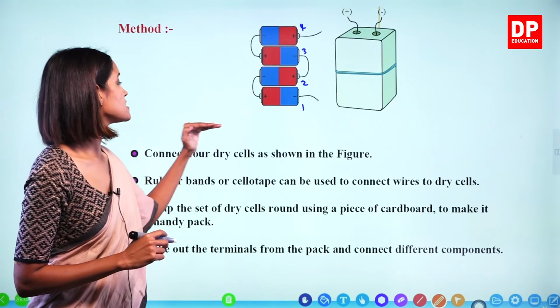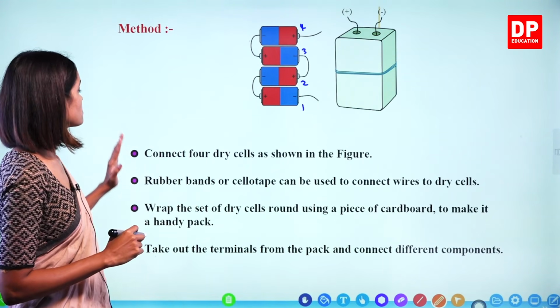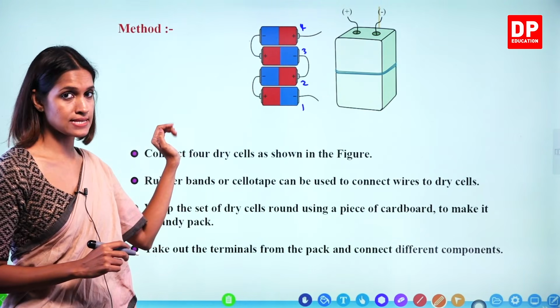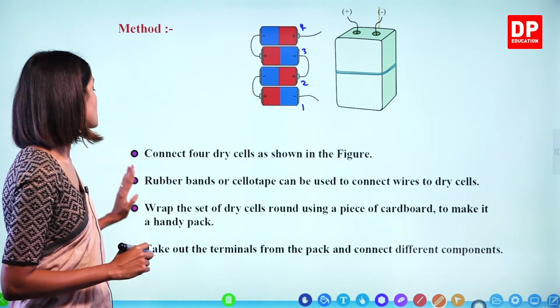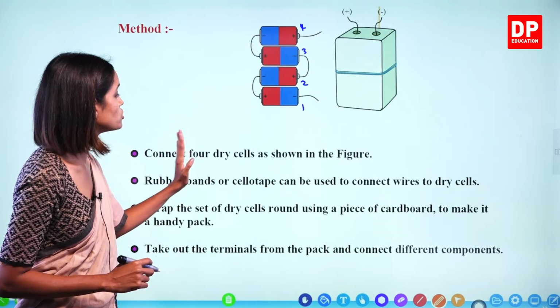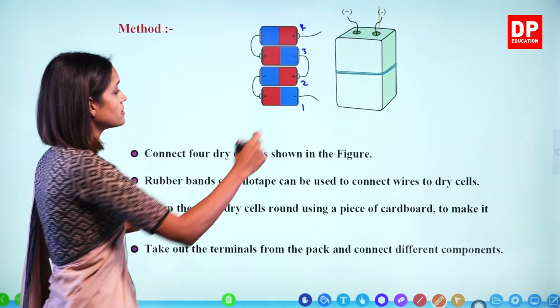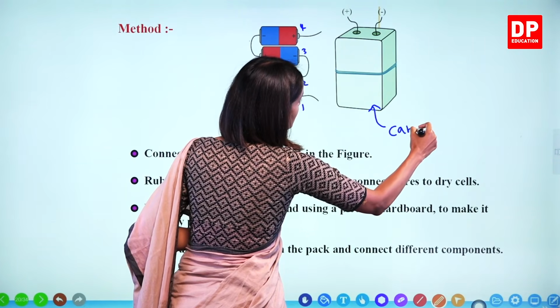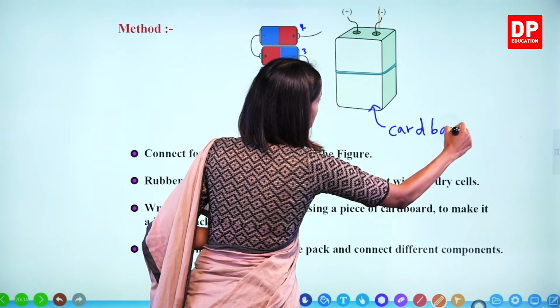So what is the method? Connect 4 dry cells as shown in the figure. Rubber bands or sellotape can be used to connect wires to dry cells. And what you have to do, wrap the set of dry cells around using a piece of cardboard. Now using the cardboard, you can do that. Right?